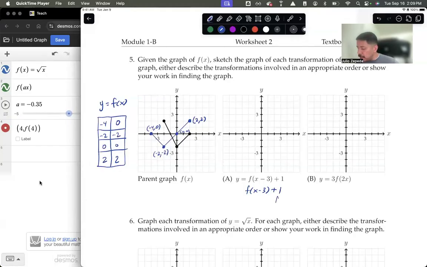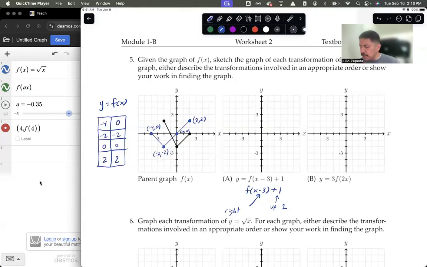Well, we know that this plus 1 is going to translate my graph up 1 unit. And this x minus 3 inside of the function is going to translate my graph which way? The minus 3 goes to the left? No, it goes to the right, 3 units.